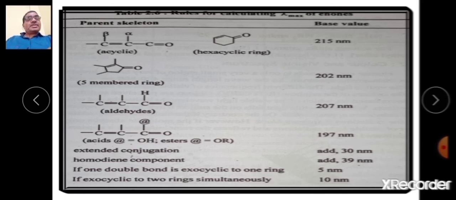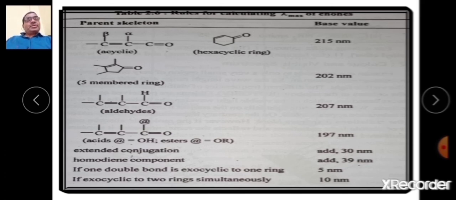Now when an aldehyde system is present, take the base value 207. And if an OH group or ester group is present at the alpha position, then take the value equal to 197 nanometer. If there is extended conjugation, add 30 nanometer. If one double bond is exocyclic to one ring, add 5 nanometer.